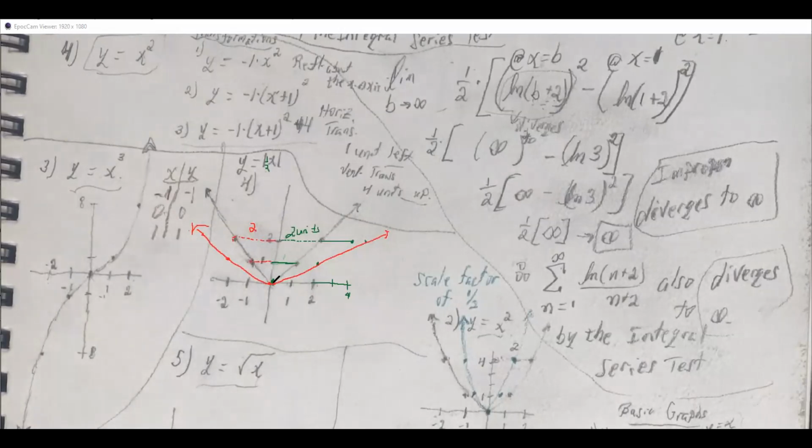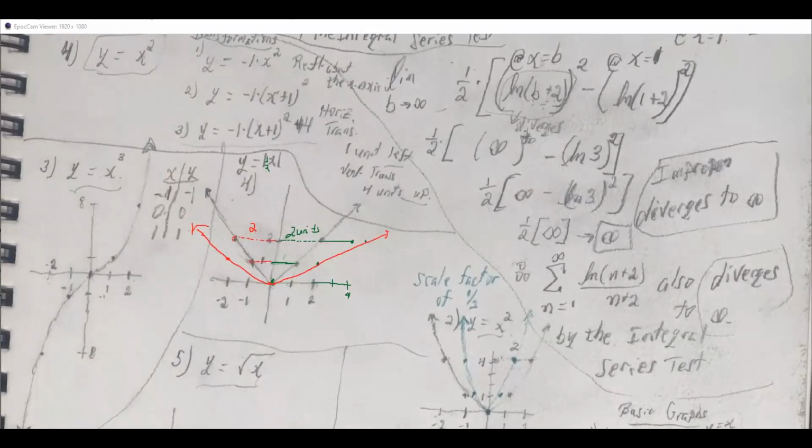Stretch means this whole thing gets stretched out, by twice the distance that it currently was. Does that make sense? Yes, sir.